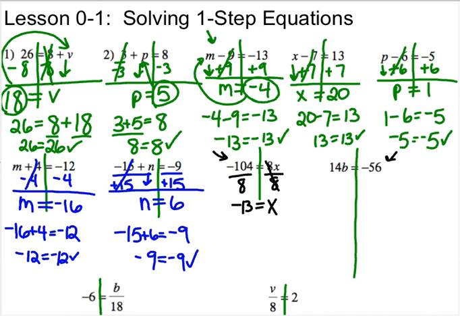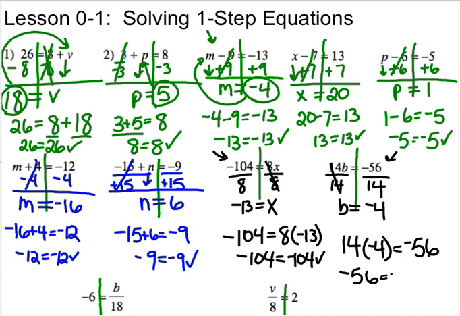Now I have to check my work. Negative 104 equals 8 times negative 13. I substitute negative 13 in for x into the original problem. Negative 104 equals negative 104. I am correct. Does negative 56 equal negative 56? Check.